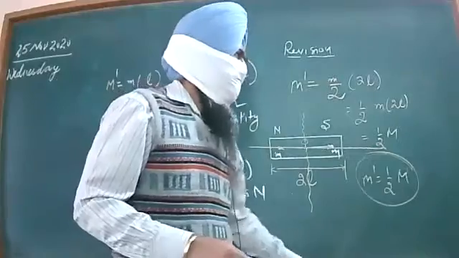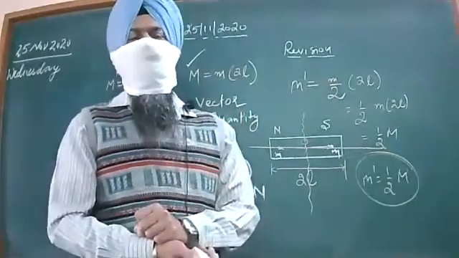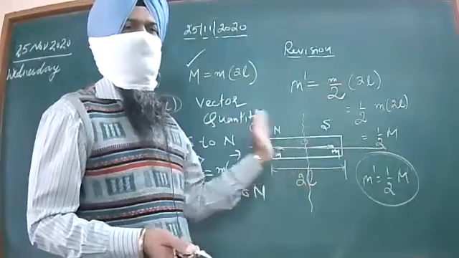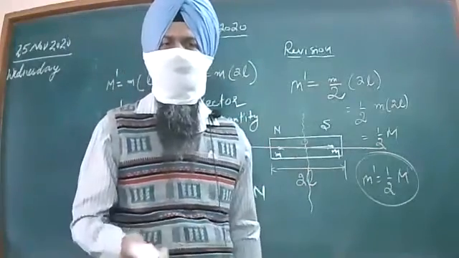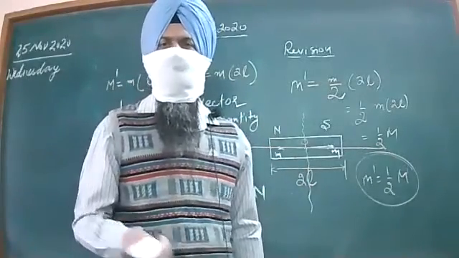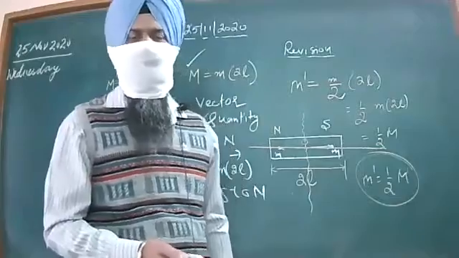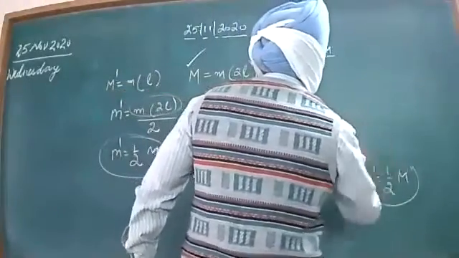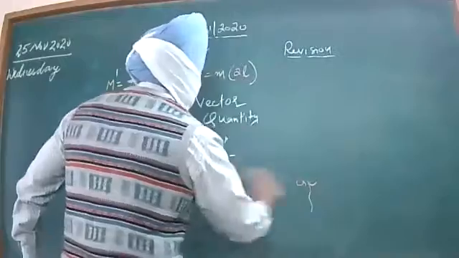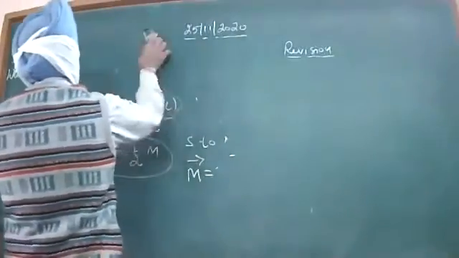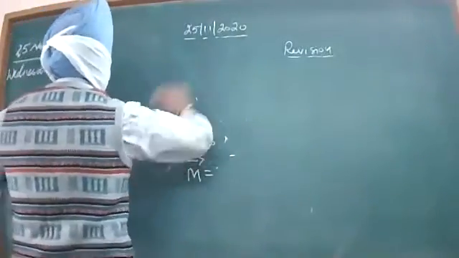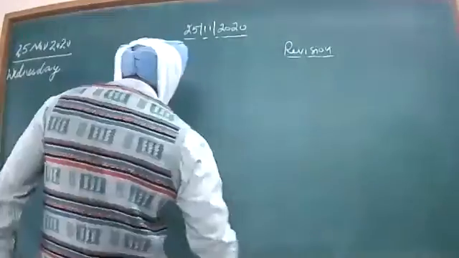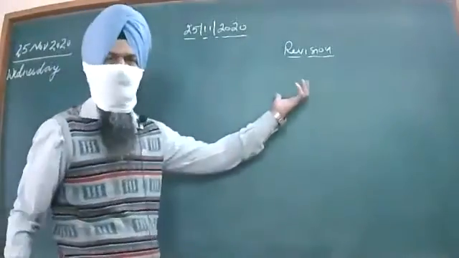After this we have a little more mathematical interpretation related to the magnet and the torque acting on the magnet placed in a uniform magnetic field. I would try my level best to finish this chapter today positively so that next time we may begin with the chapter of your choice, especially during the revision part. We are always focusing on your choice.